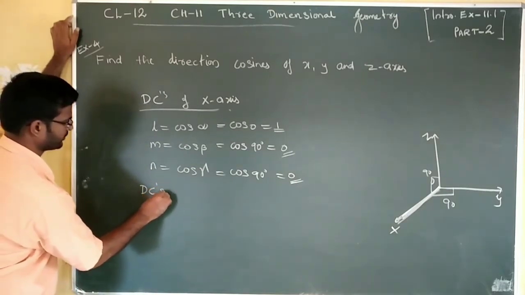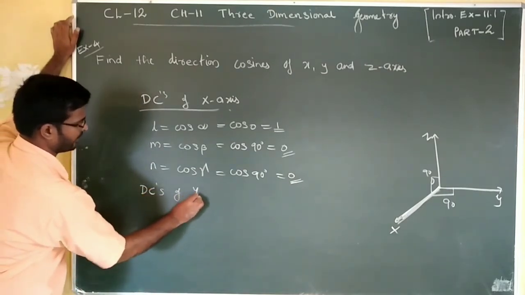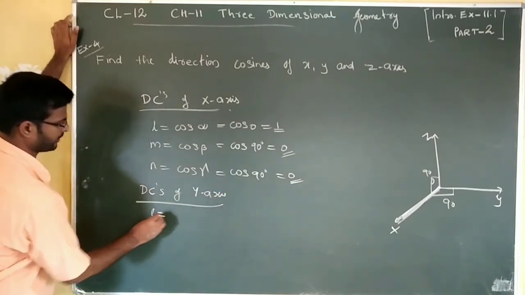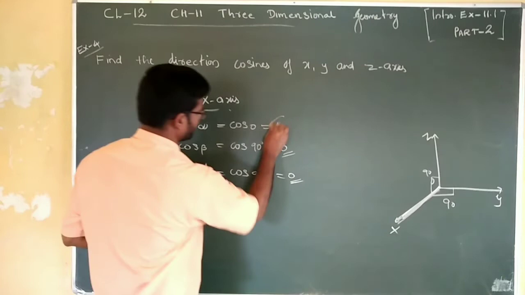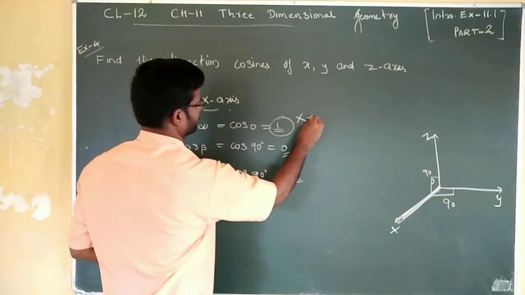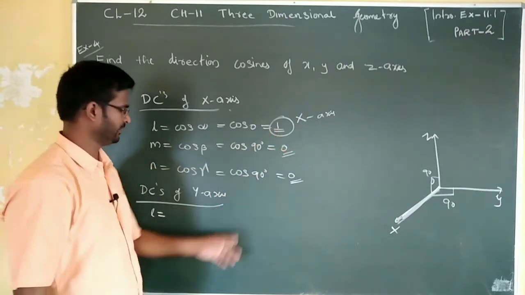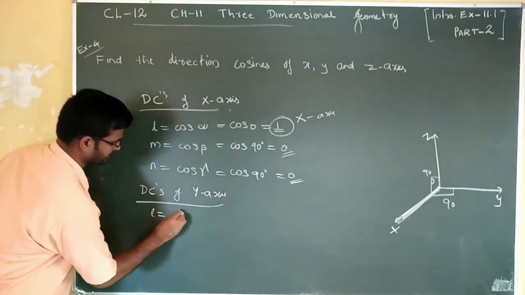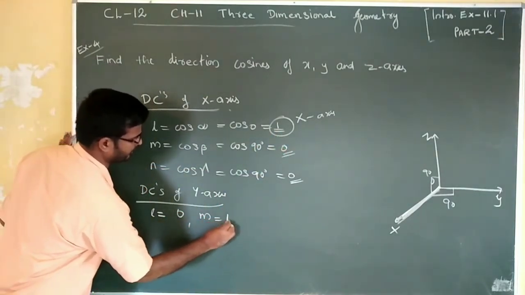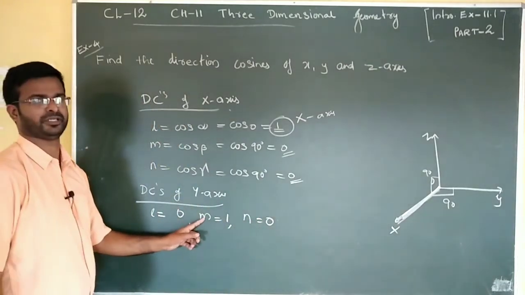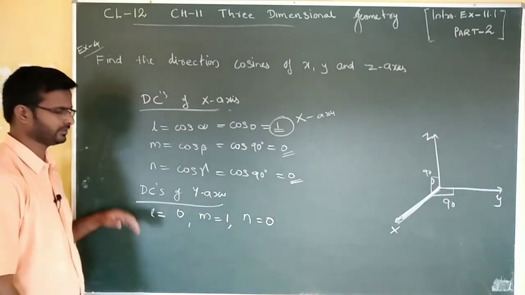Similarly, for the direction cosines of the y-axis, l equal to 0, m equal to 1, n equal to 0. m will be 1, the other two will be 0.